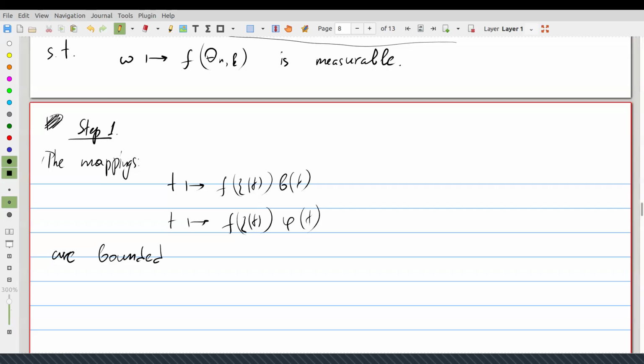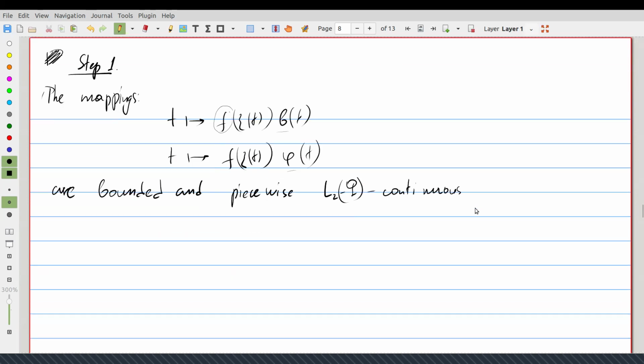Why? Because f is bounded, and these are simple processes, and coefficients for simple processes are bounded also. And piecewise L2 continuous, because they are simple processes. Simple processes are just constant on intervals.